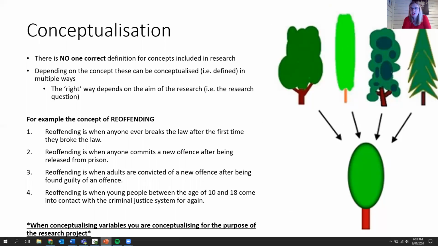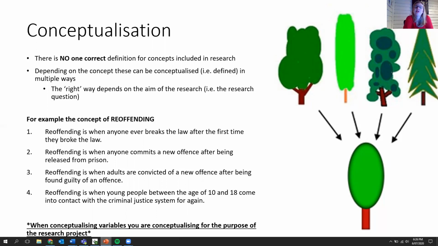Now, there's not really any one correct definition for concepts. If I say crime, well, if we have 28 people in the class, we could come up with 28 definitions of what we mean by crime. Depending on how we conceptualize these items or how we define them, the right way depends on how we want to research them, okay?